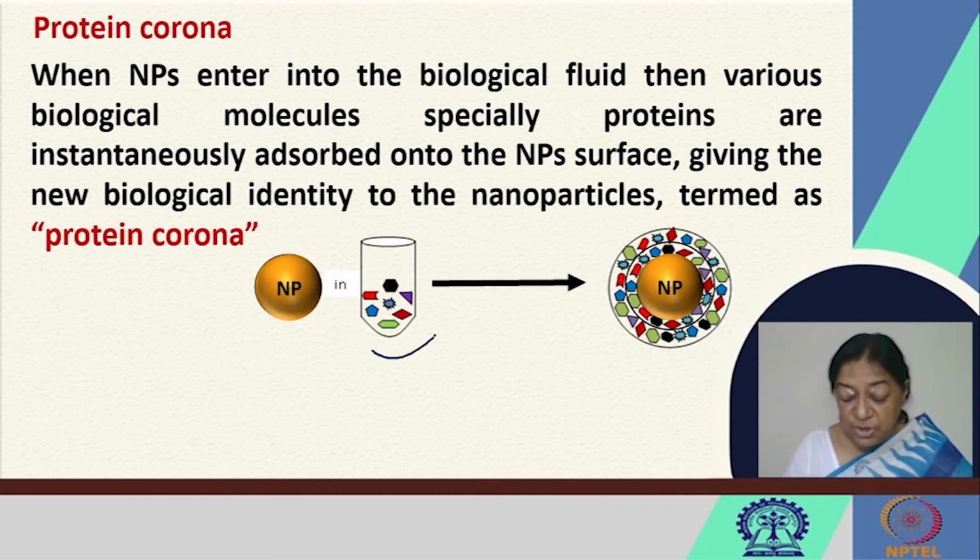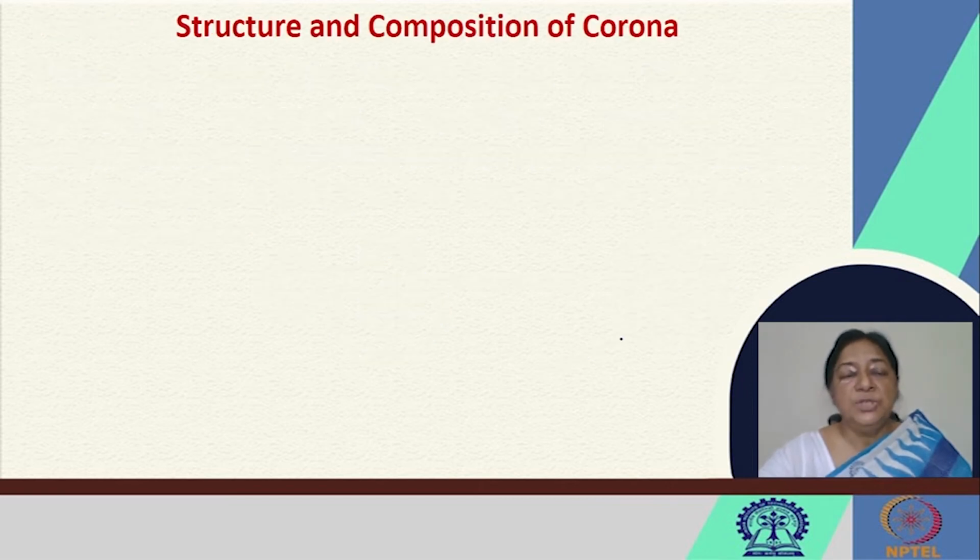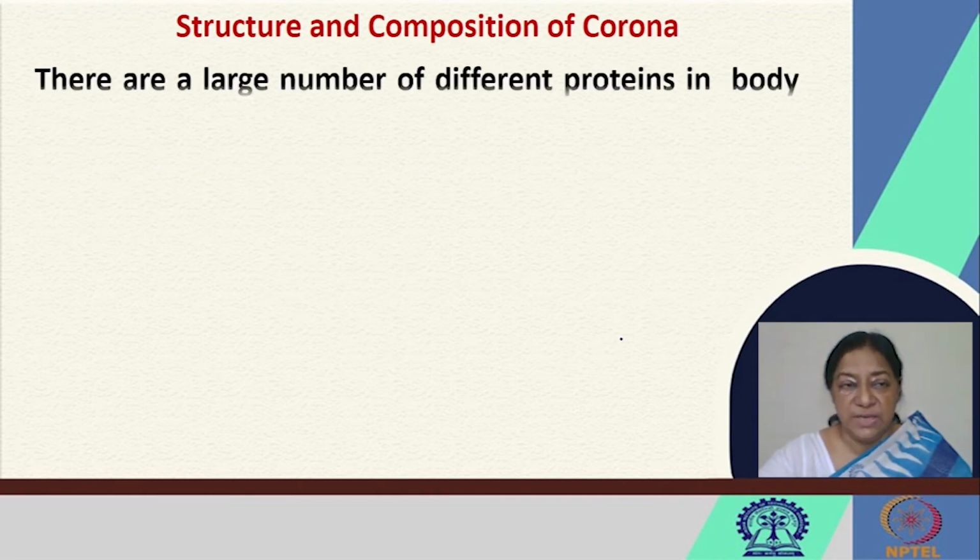If we have a mixture of proteins, they can interact with the nanoparticles, and their interaction would depend upon the properties of the proteins, their charge, and their specific characteristics depending upon the surface interactions. So the structure and the composition of the corona is based on the proteins involved.